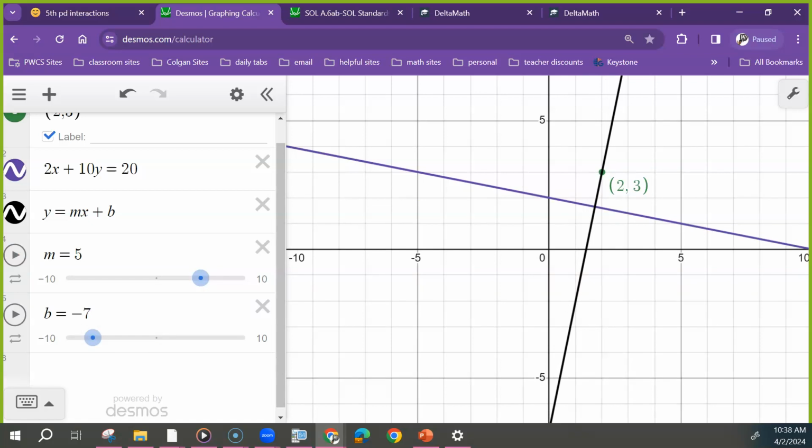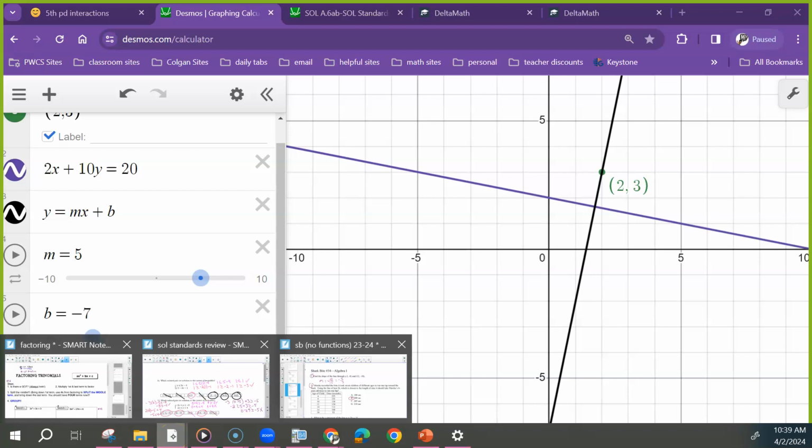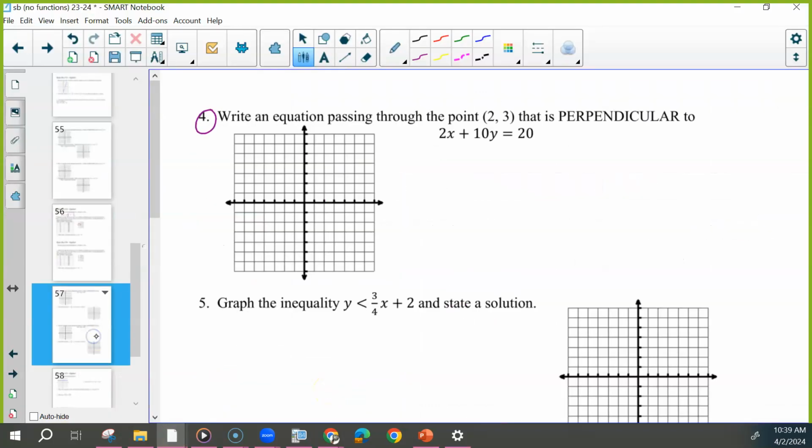So the equation would be y equals 5x minus 7. And again, if you did that in Desmos, make sure you have used Desmos. Just in case you missed that.